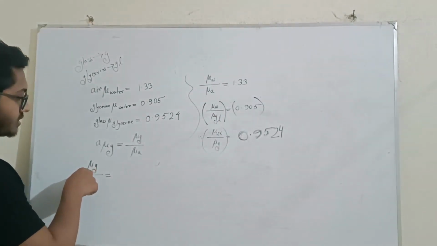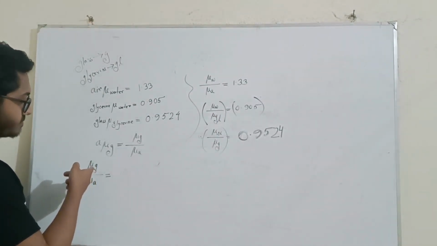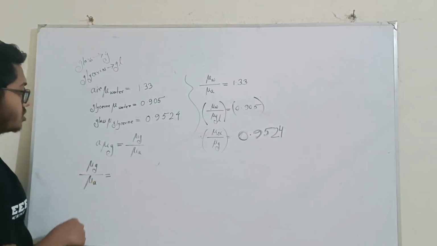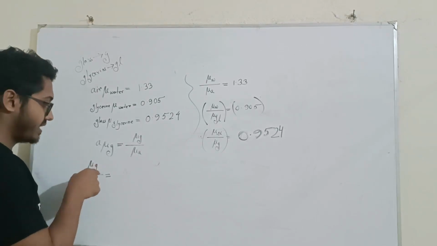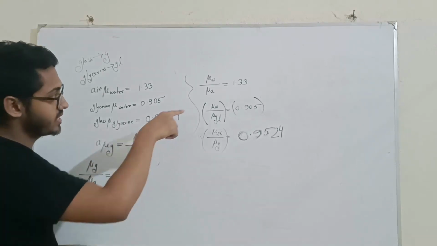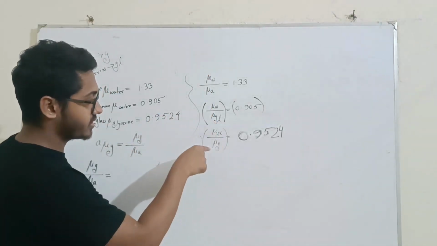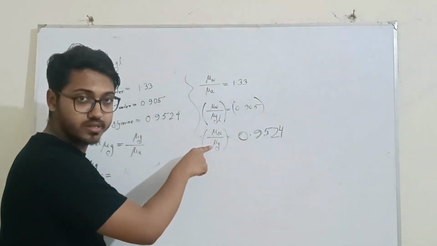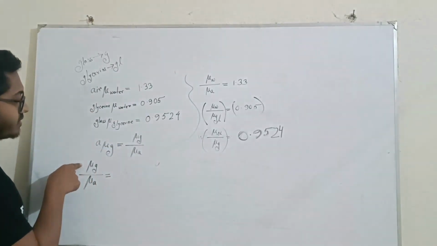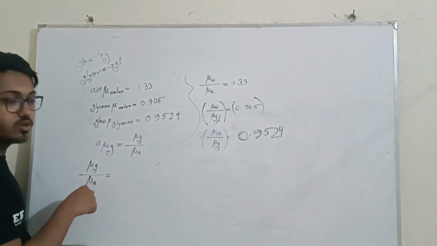So nu G, the refractive index of glass, will be at the top. See, in all these equations, the refractive index of glass is at the denominator side, but here the refractive index of the glass is at the numerator side.